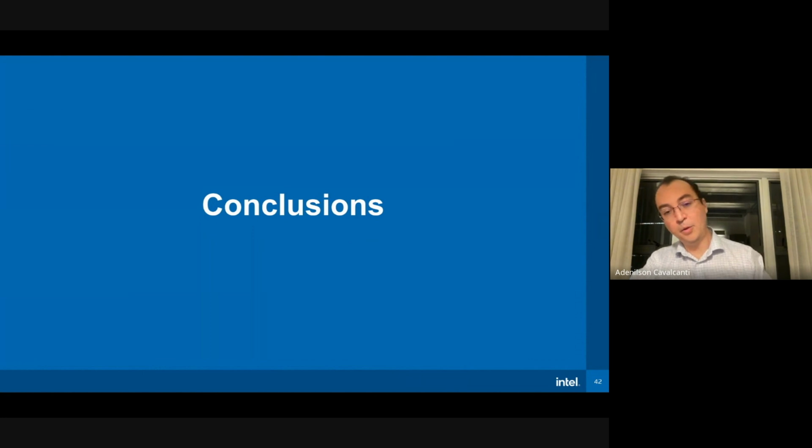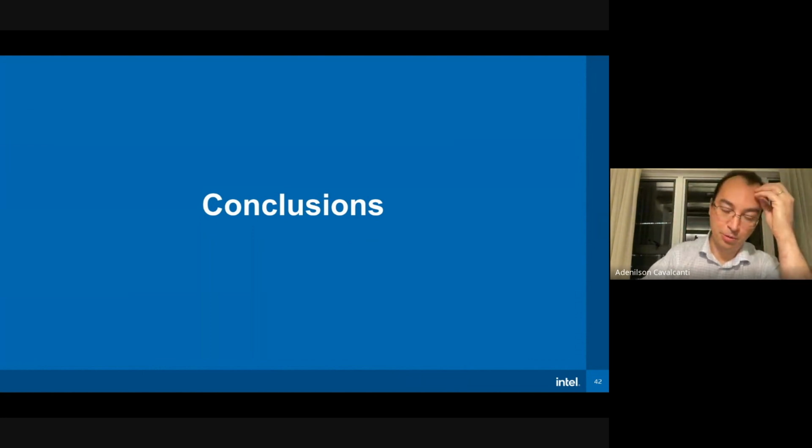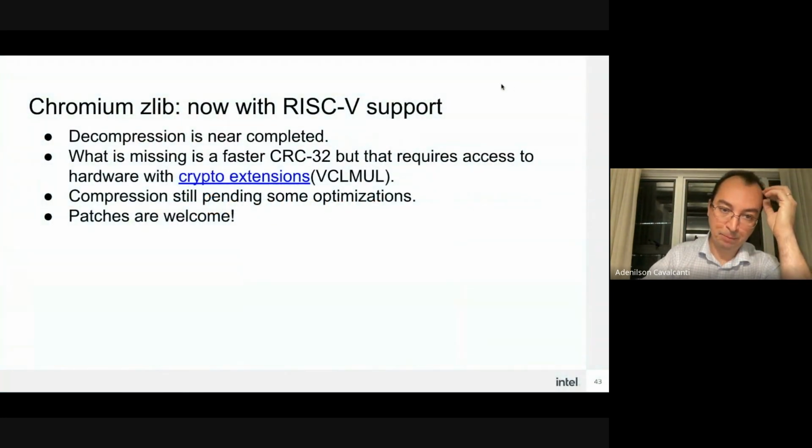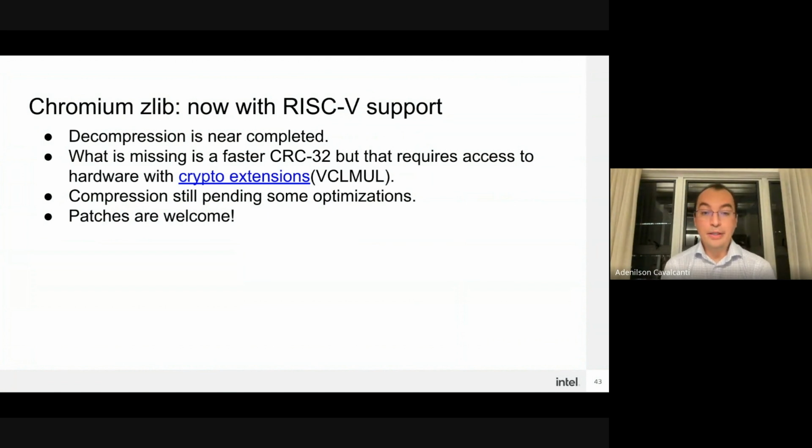All right. So some conclusions. Chromium zlib now has RISC-V support. The compression work is pretty much near complete. What I think is still pending is implementing a faster CRC32 checksum using the new upcoming crypto extensions.